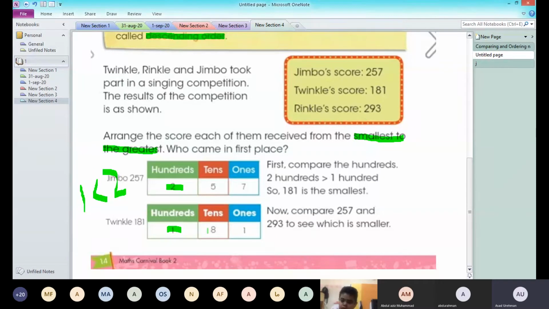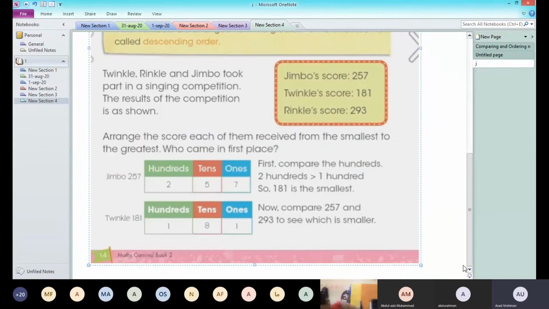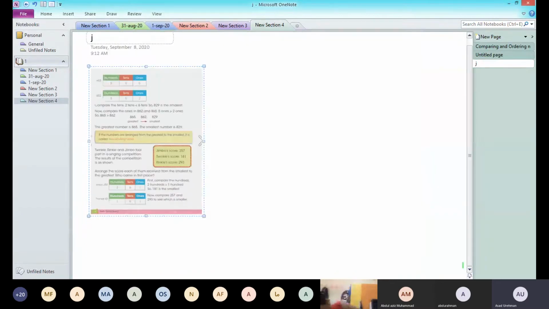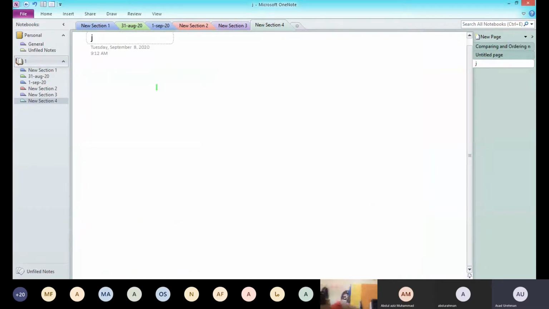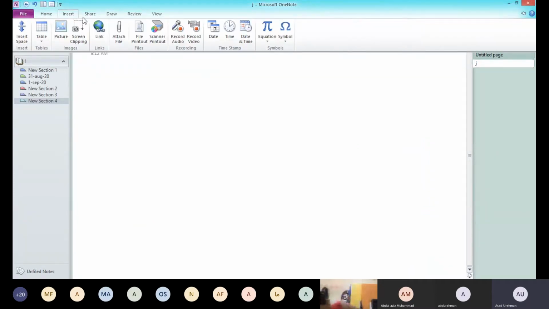Here we see that because 1 is less than 2, that means 181 is less than 257. So this is smaller than 257. Then I need to check the third one, the Wrinkle figure.